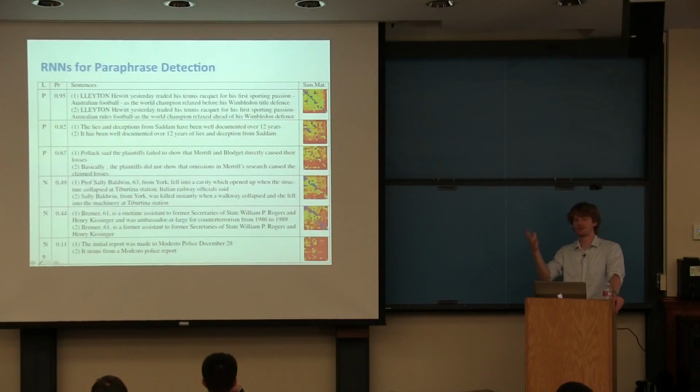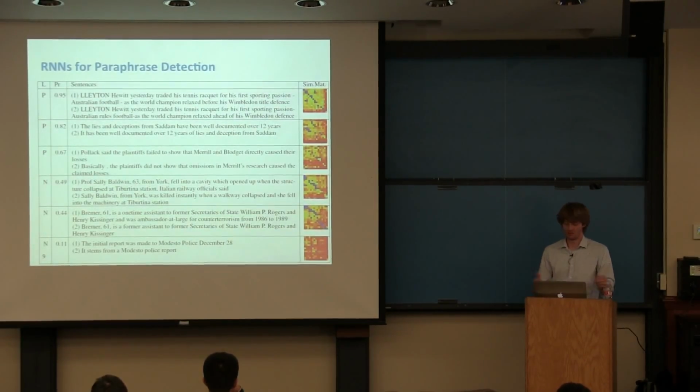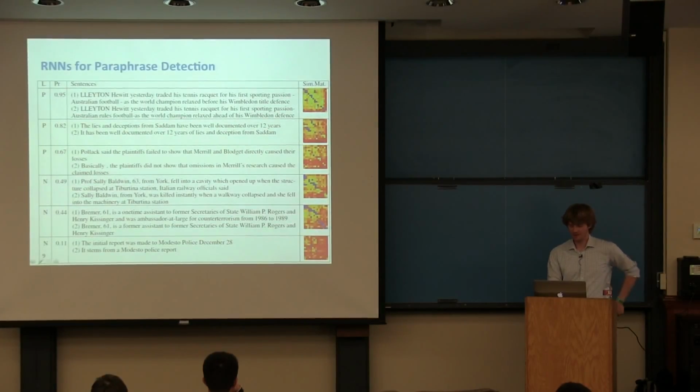There's some information missing in the other sentence. And this again could be helpful if you wanted to work on summarization, for instance, and wanted to use the sentence that includes the other sentence but has more information. And here's an obvious one where if you see a similarity matrix like that, they're obviously very different and not paraphrases.